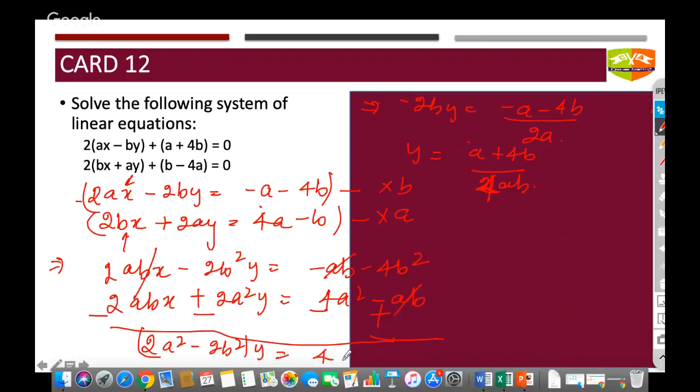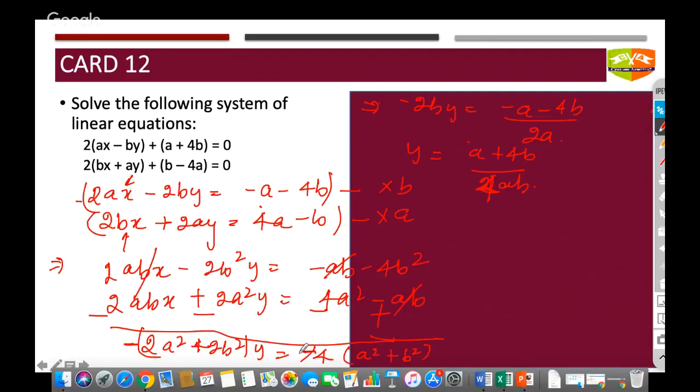I get minus 4 here because both of them are minus, so I'm taking minus 4 times a square plus b square. Now this is also negative here because this comes out to be minus 2 times a square plus b square, so I'll take the negative out.